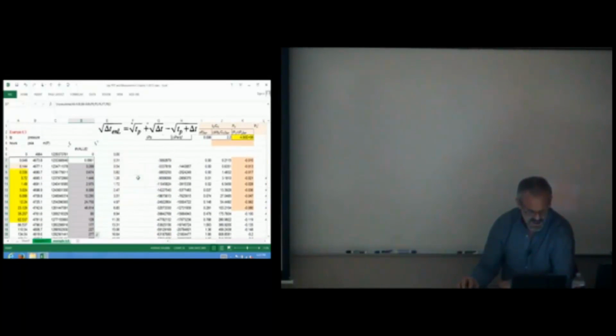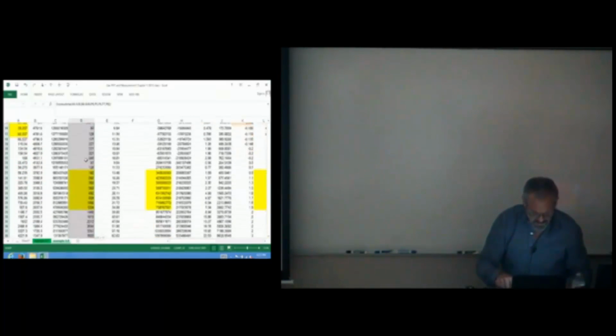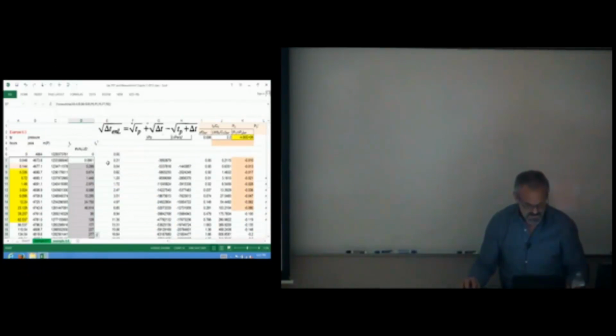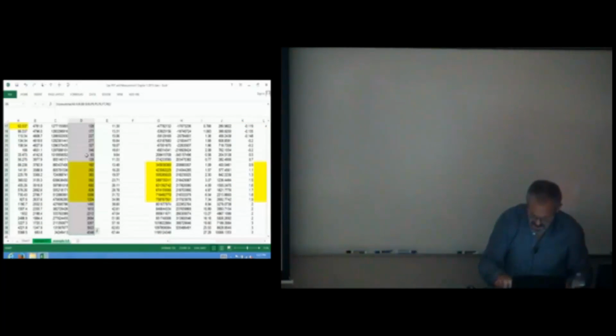It says I can't change any part of an array. I can't delete it. Why not? Yeah, it's got a pointer. We're going to use the build-up version. You guys are so good.